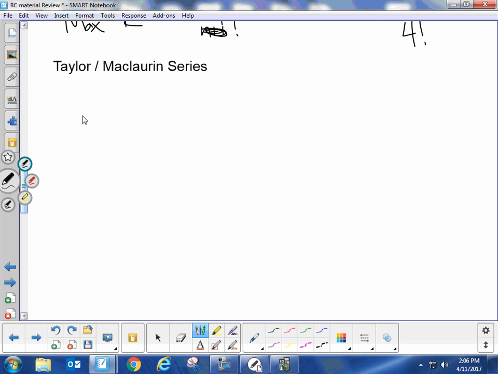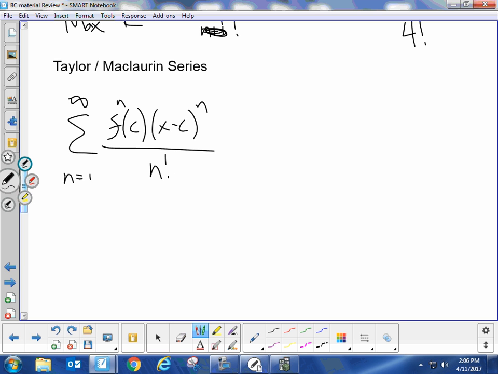So it'd be your sum, starting from n equals 0 and going to infinity, of your f of c derivatives times x minus c to the nth power all over n factorial. Okay, so it goes on to infinity. We have just an infinite amount of terms.